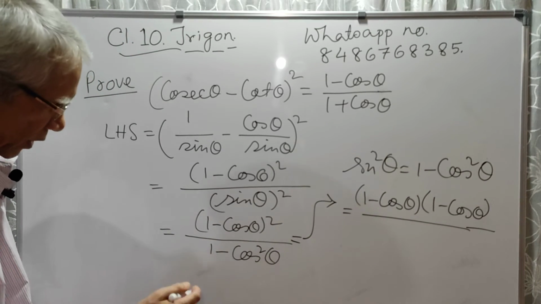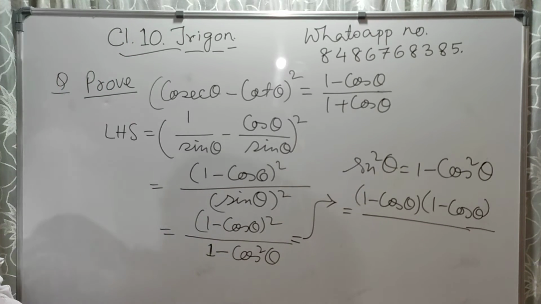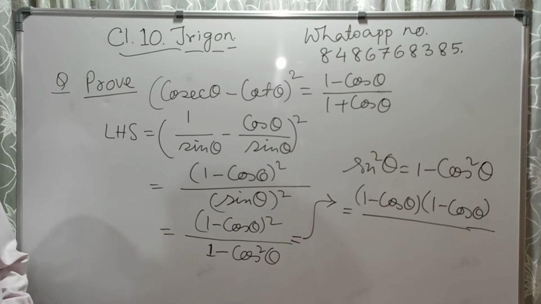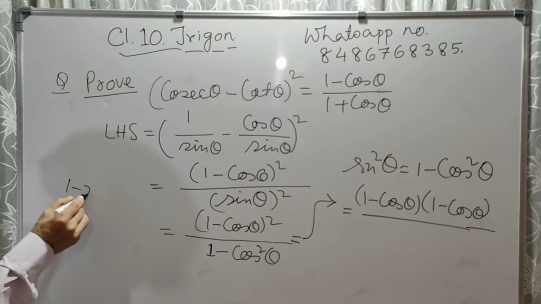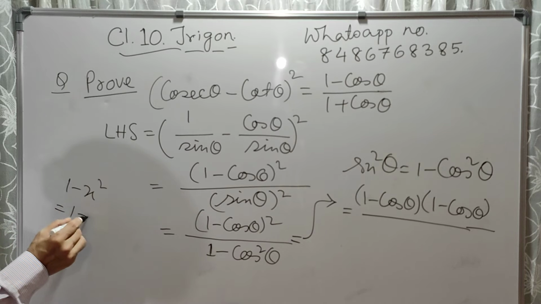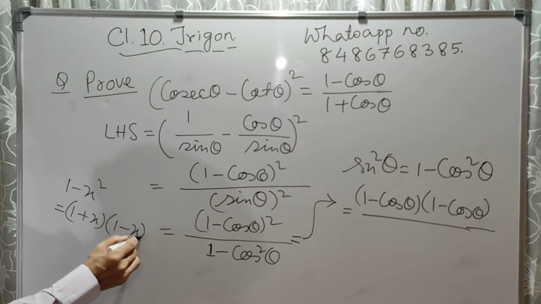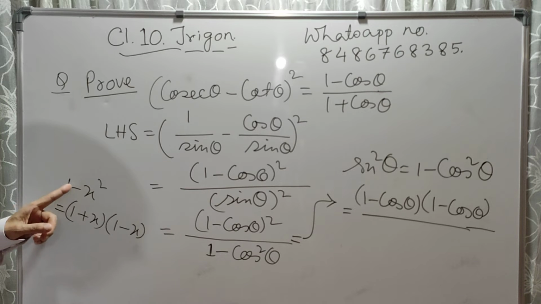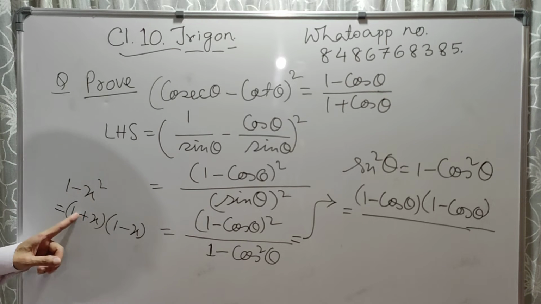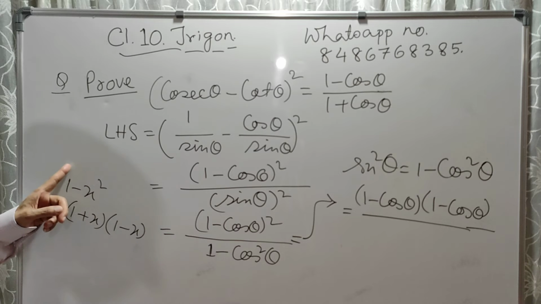Now 1 minus cos square theta, we are going to use the formula a square minus b square equals a plus b into a minus b. 1 is 1 square.